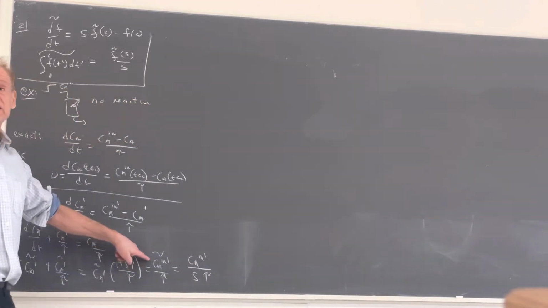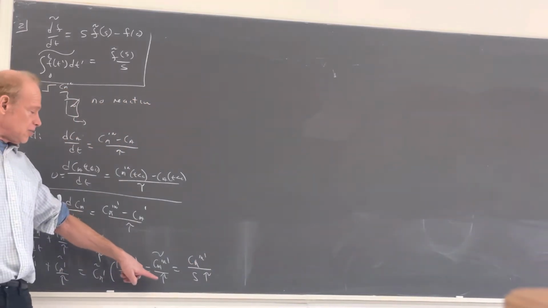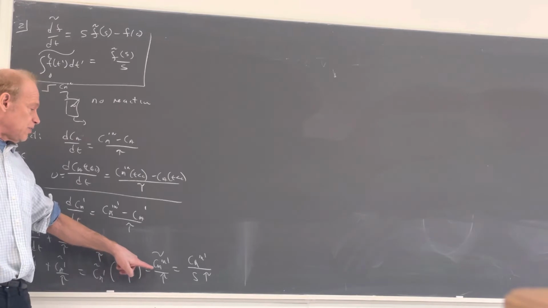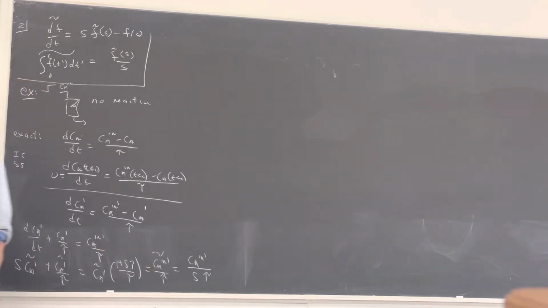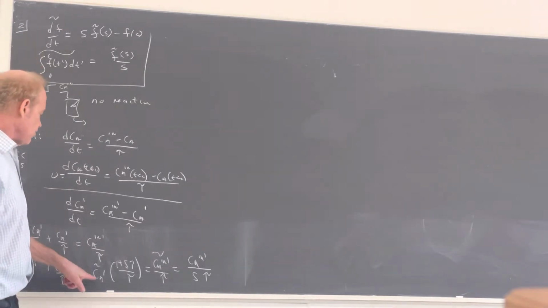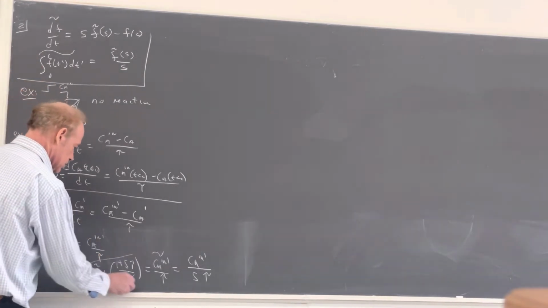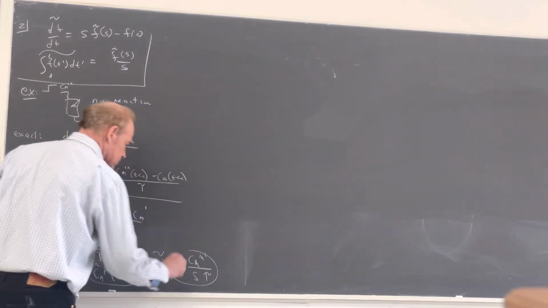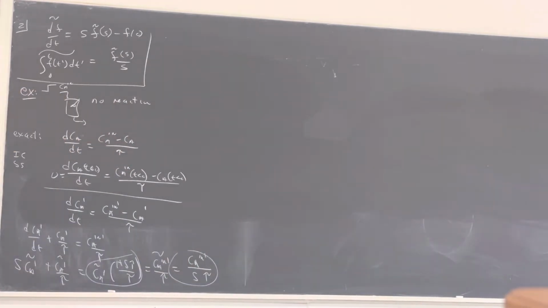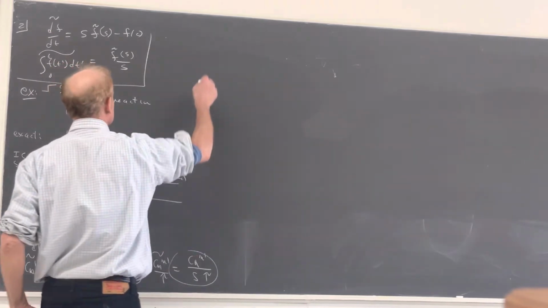Because if this is a step function, then the Laplace transform of the step function is 1 over S. Okay, so now I have this thing equal to this thing, and let's solve for CA prime tilde.